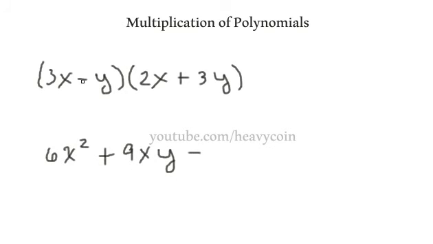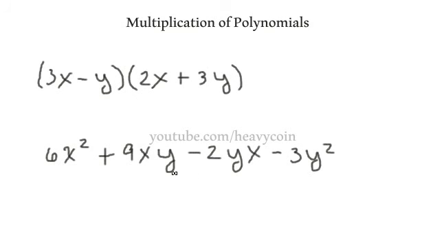Minus, because we have a minus here, y times 2x, so that's just going to give us 2yx, and then minus times y minus, that'd be 3y, so it'd be minus 3y squared, because y times y is y squared.